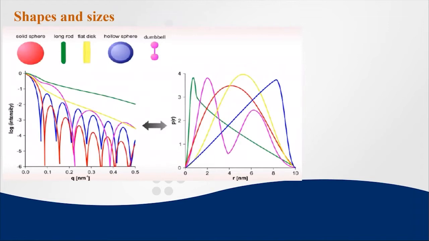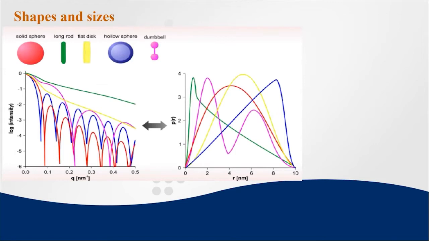As I've mentioned, we use small angle X-ray scattering. From it, we are able to identify various shapes and sizes depending on the procedures that we use. So in this case, if we produce a material and use a surfactant or a stabilizing agent, we would be able to get a core shell.